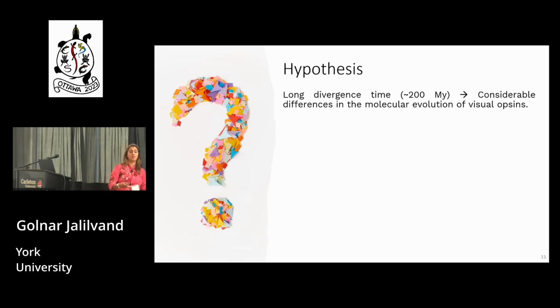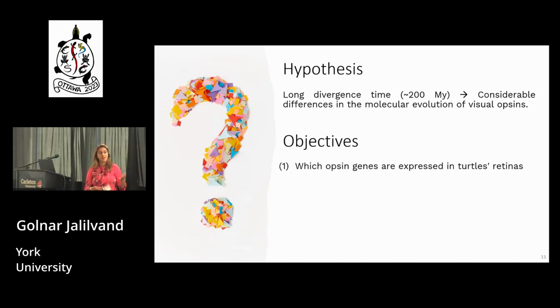So in this project, we predicted that this long divergence time, around 200 million years, between these 2 lineages resulted in considerable differences in their molecular visual system. To test this hypothesis, we first tested which opsin genes are expressed in the turtles' retina in cryptodira and pleurodira.